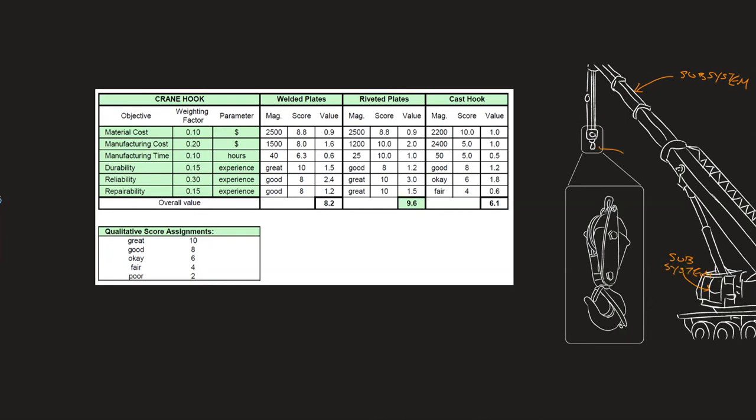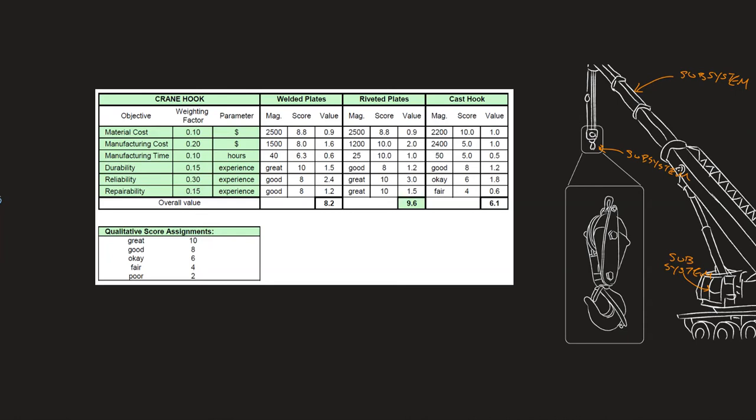And the hook that is actually going to hold everything is, you guessed it, a subsystem. So we are going to just look at a couple of different ways that we can go through assessing what design options we have for our crane hook and see which style of crane hook is going to be the best option for us moving forward.